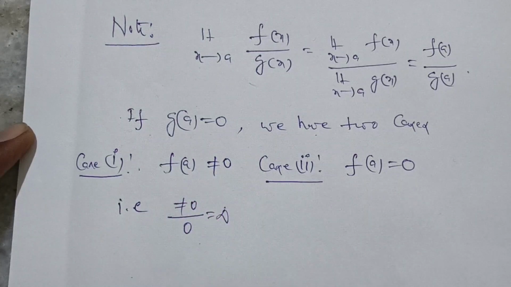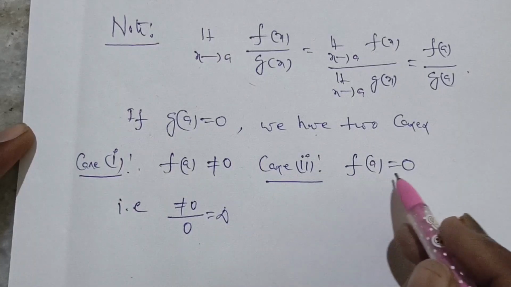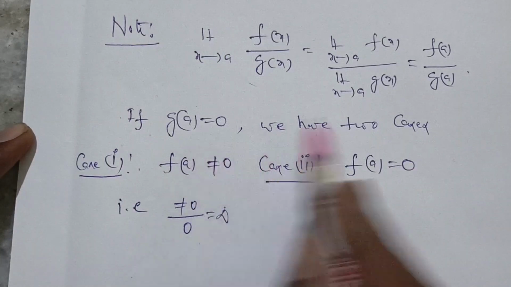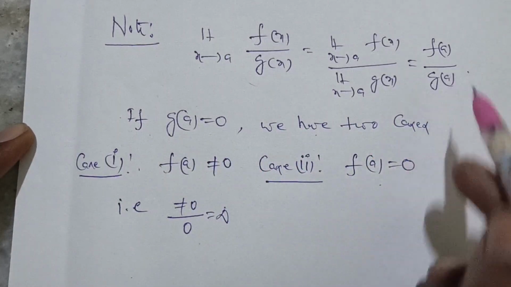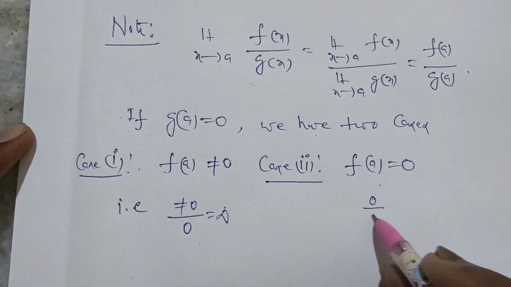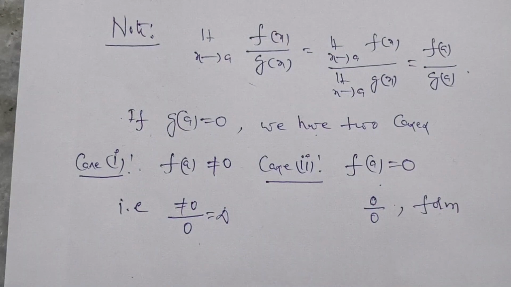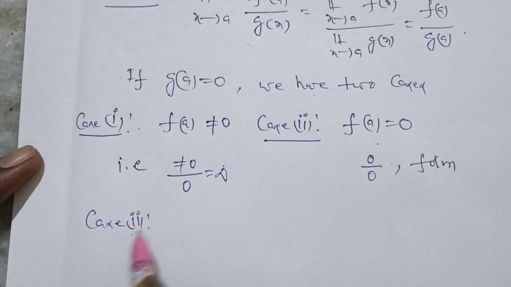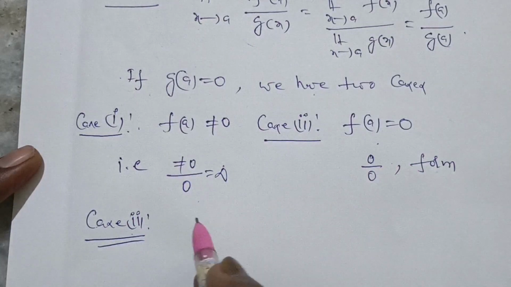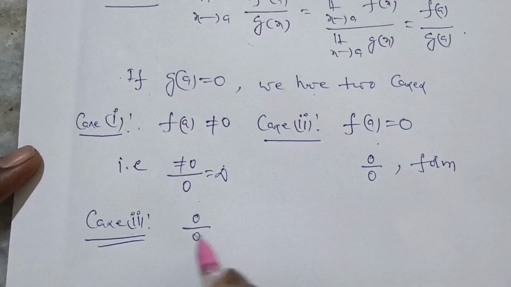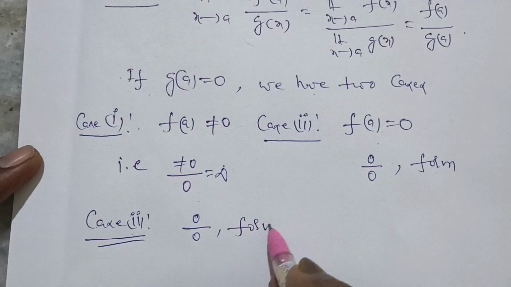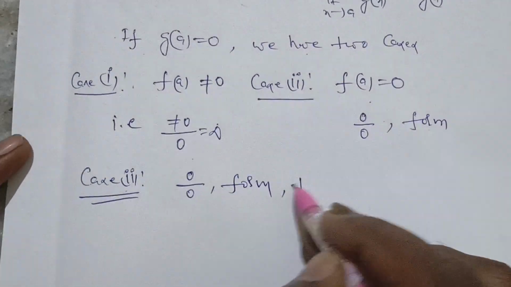So any non-zero in numerator by 0 in denominator is infinity. From case 2, f of a equals 0 along with g of a equals 0, it is of the form 0 by 0 form. For case 1, there is no problem, it means infinity, it is not defined.